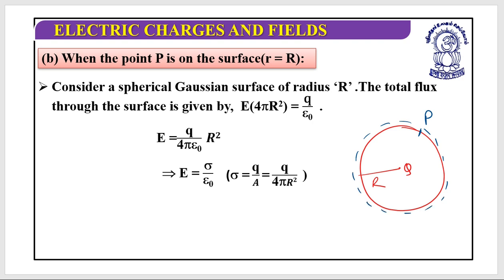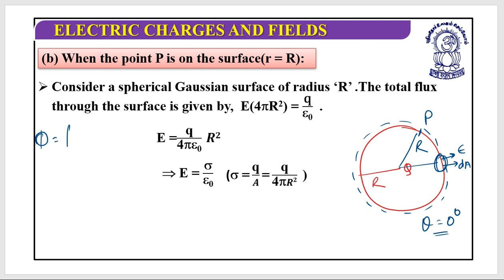At this point, I'm going to take the Gaussian surface as a sphere as well, and even the radius would be R. So assume a certain cross-sectional area, make a direction of electric field, make a direction of area vector, so that theta would be 0 degrees.